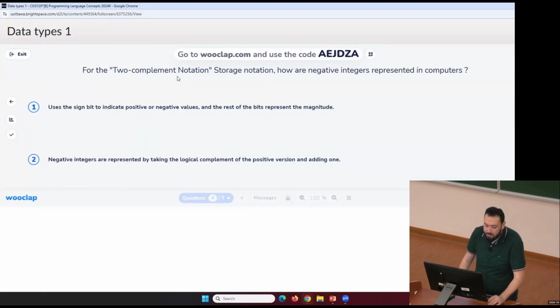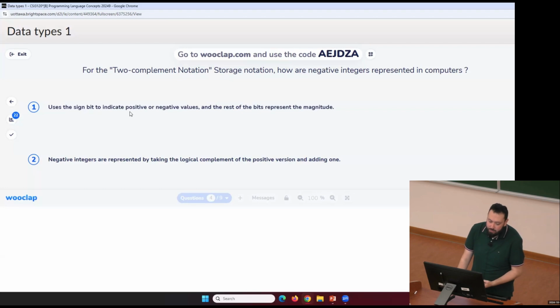For the two's complement notation, do you remember we said there are two different ways to do the storage notation when it comes to negative integers? Which one is considered the two's complement notation that is most commonly used?